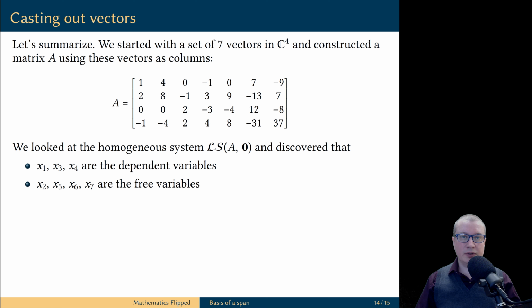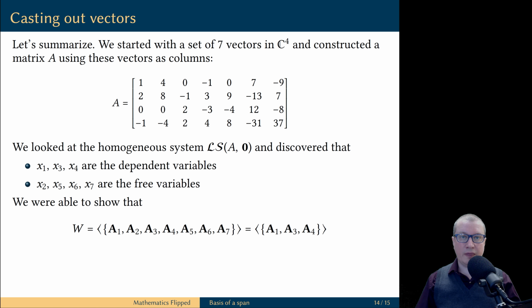The dependent variables are x1, x3, x4, and the free variables are x2, x5, x6, and x7. Then we were able to show that the span of the set of all 7 vectors in fact can be described as a span of the first, third, and fourth vector only.